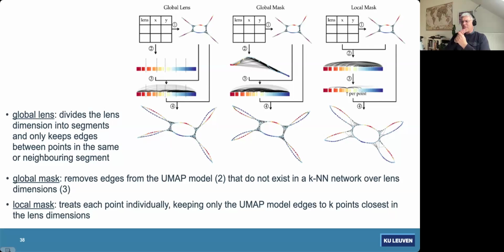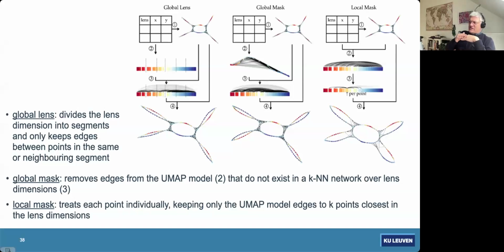But in this case, the K nearest neighbors network is created from UMAP, the underlying network that UMAP uses.